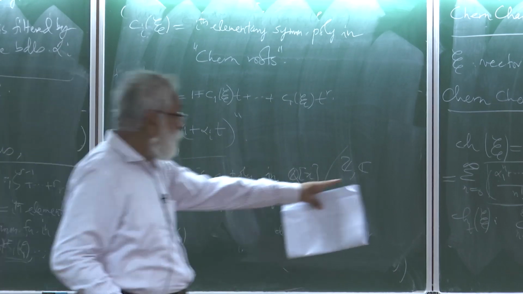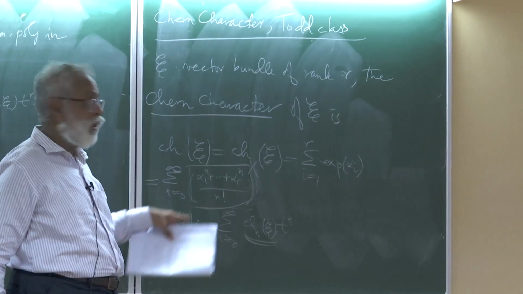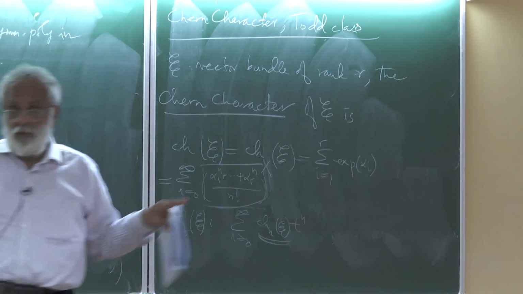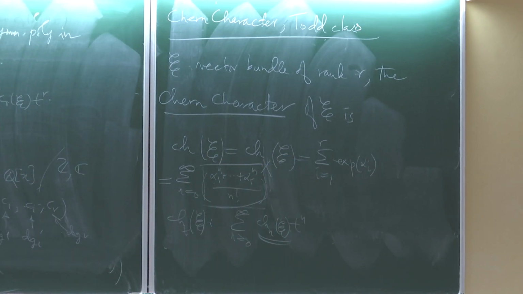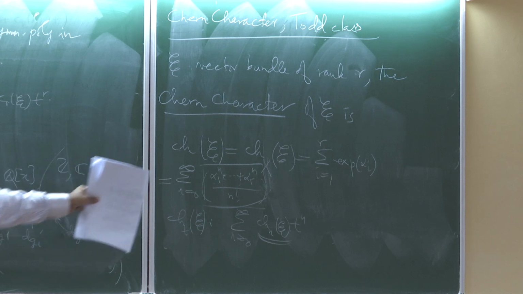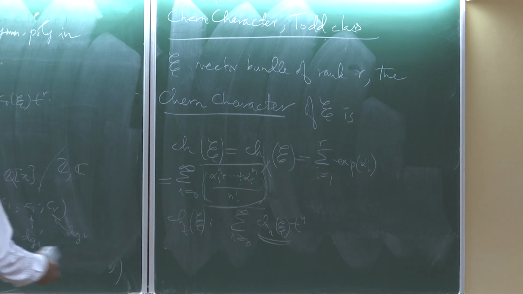I'm working with Q coefficients because the expression here has a factorial in the denominator. So I'm forced to introduce Q coefficients here. Absolutely. So the Chern character makes sense only with rational coefficients, or bigger than Q coefficients, right now.